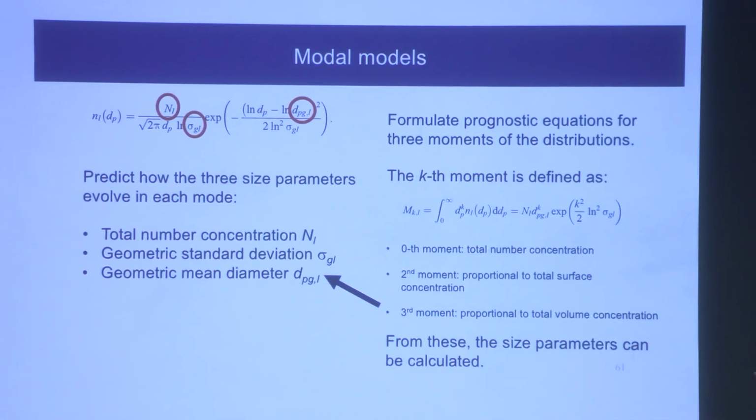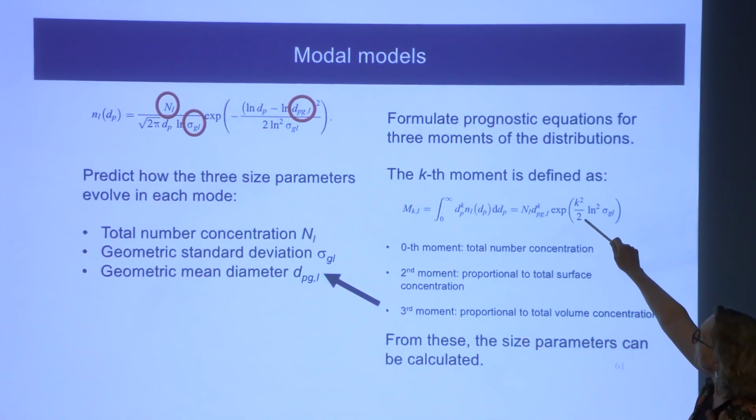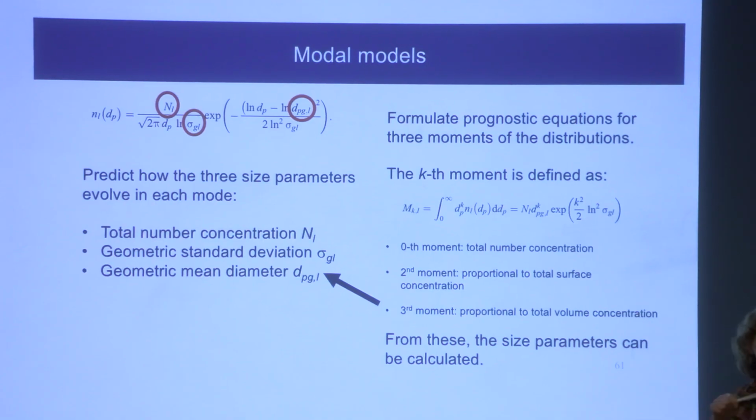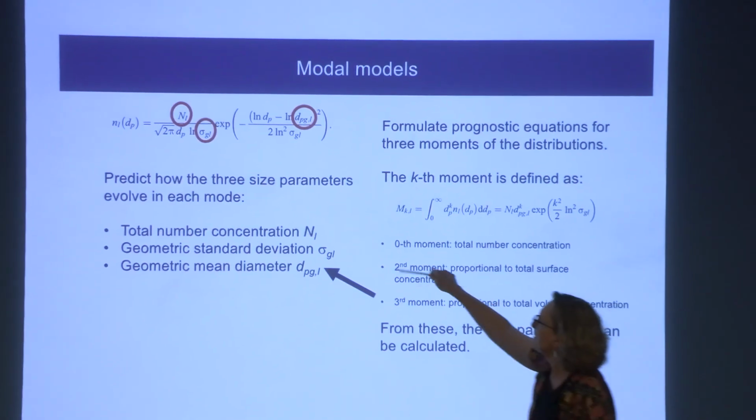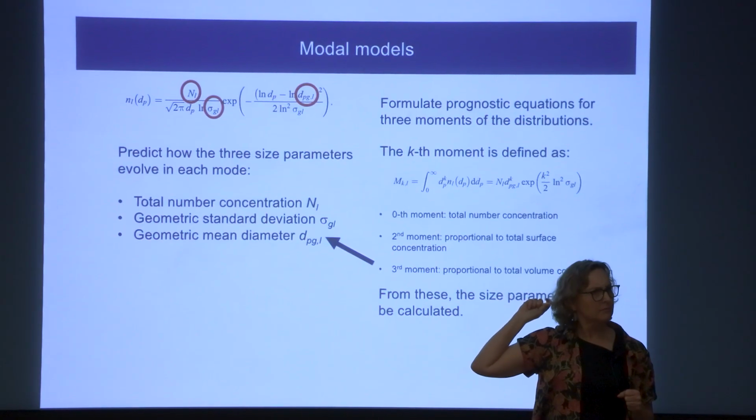Rather, what we do is use the fact that if you know 3 moments of your distribution, you can always figure out what these 3 things are, right? Do you know what a moment is of a distribution?